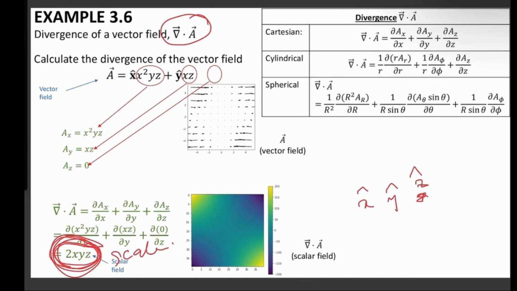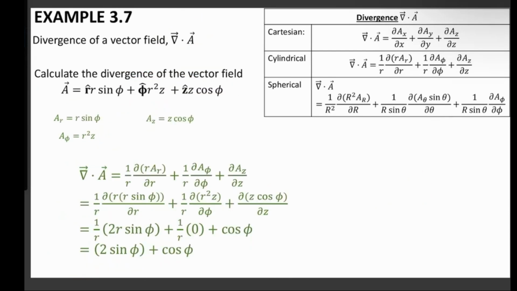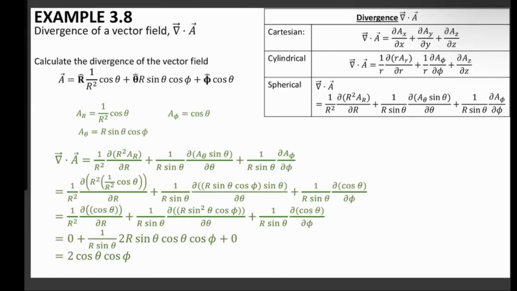For the input we have x, y, z with direction, so the input is a vector and the output is a scalar. That one is divergence. I think you can do it by yourself.